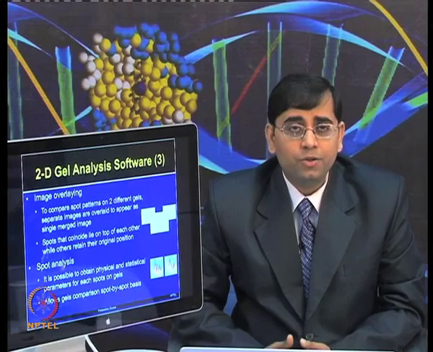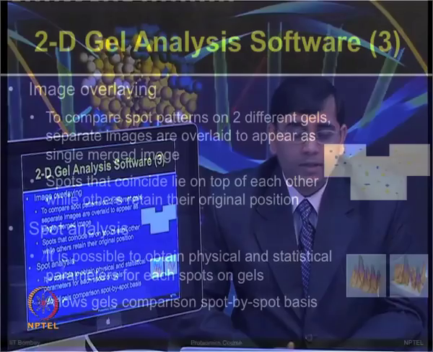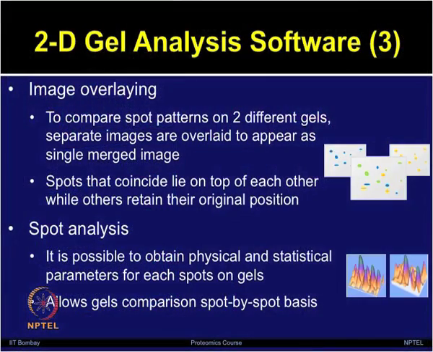Then you would like to do the spot analysis, where it is possible that you can obtain physical and statistical parameters for each spot which is present on the gel. You can look at the three-dimensional views of each of the spots, how they are differing from the control to the treatments, and then you allow the comparison of the gels on a spot by spot basis.